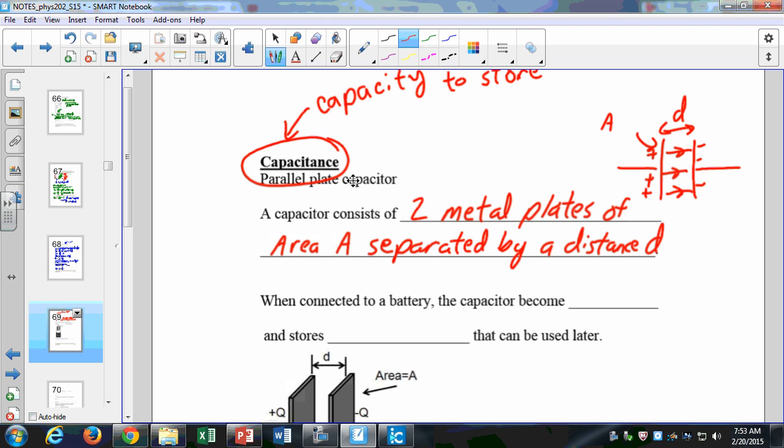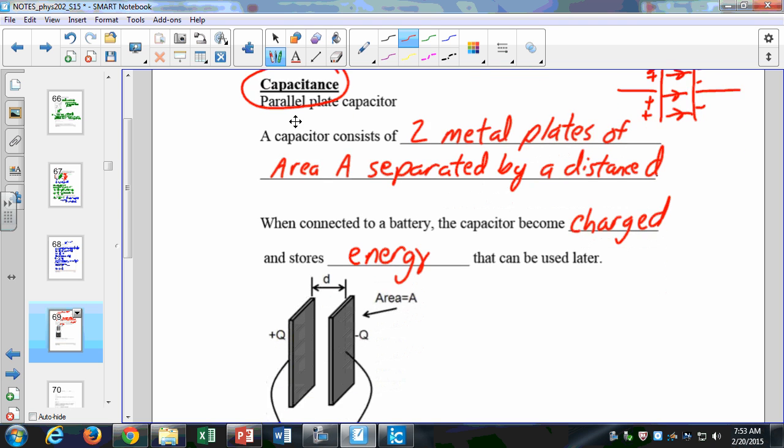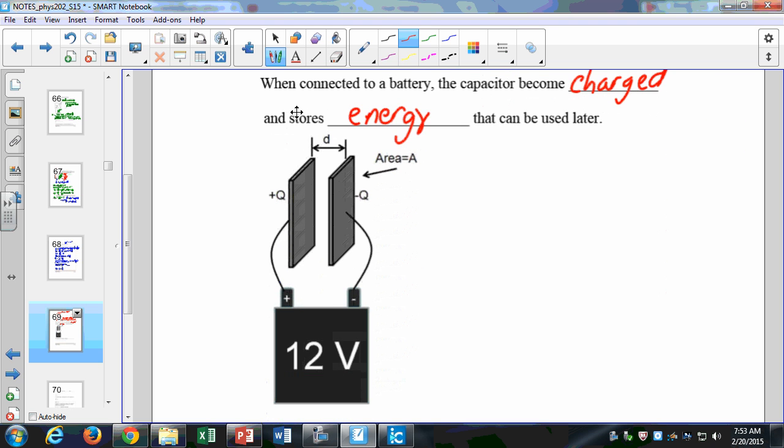When connected to a battery, the capacitor becomes charged and stores energy that can be used later. When we talk about the charge on a capacitor, we're going to call that Q. So it stores a charge Q.